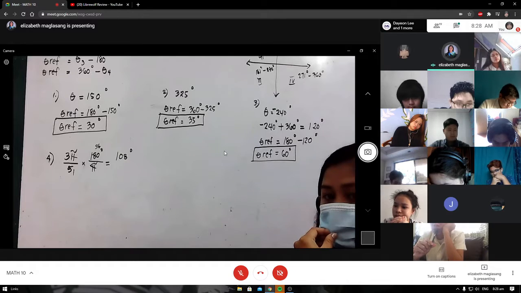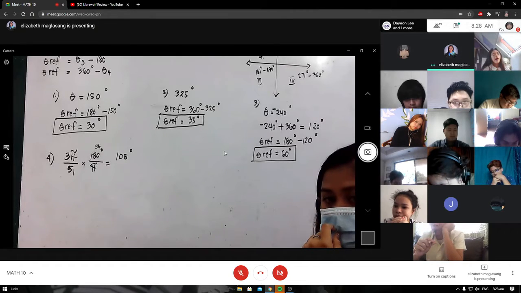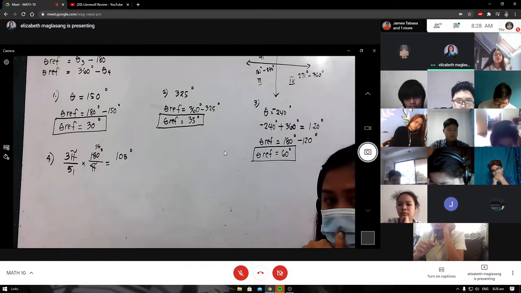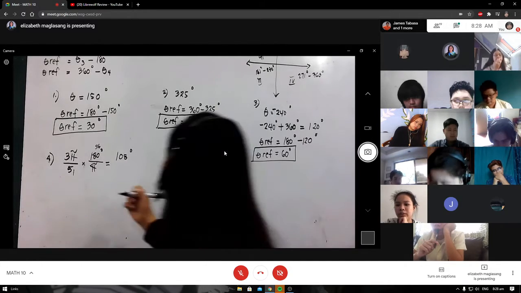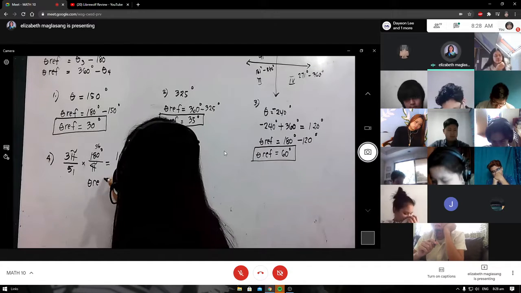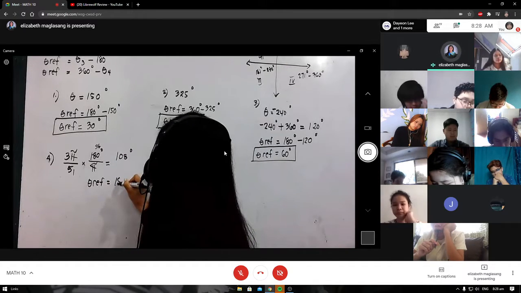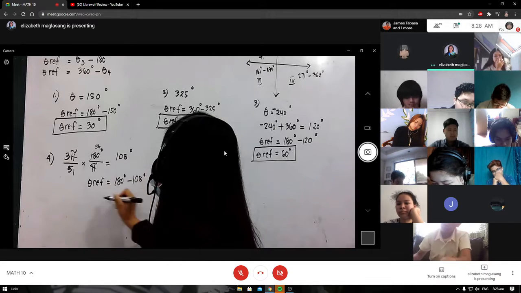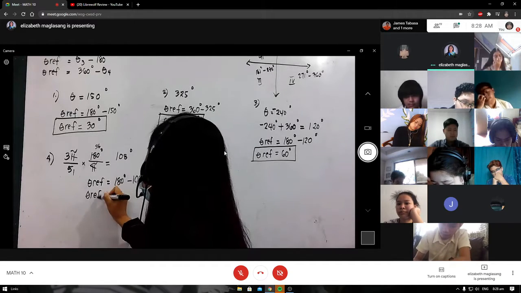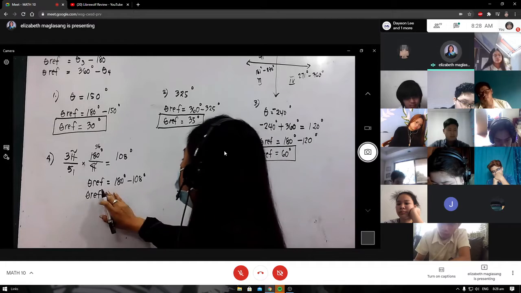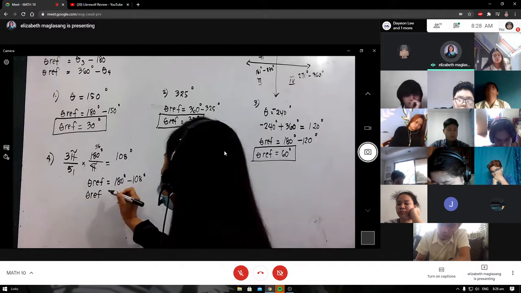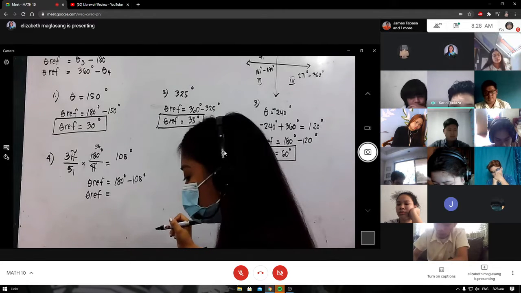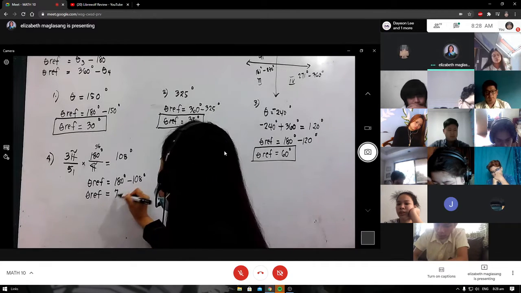108 degrees, what quadrant? Quadrant 2. So reference angle equals 180 degrees minus 108 degrees, which is 72 degrees.